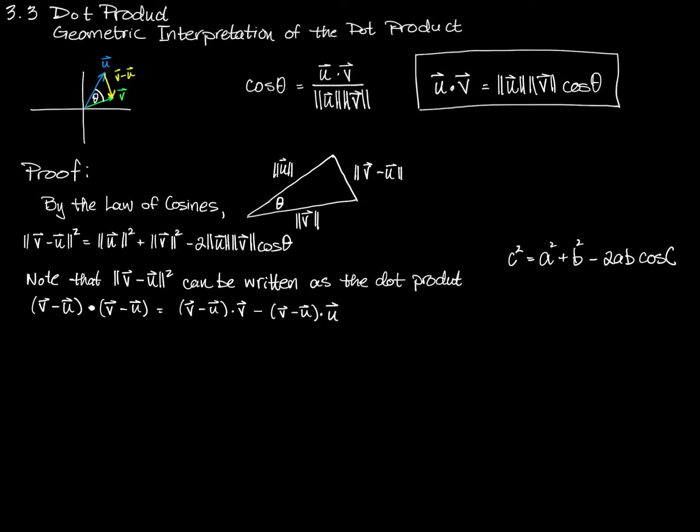That I can in turn write as v dotted with v minus u dotted with v. And from that, I can subtract v dotted with u.